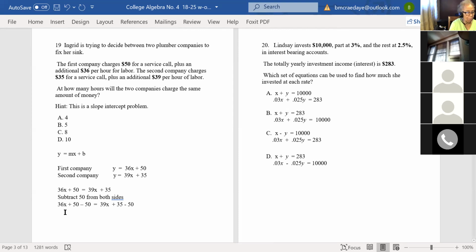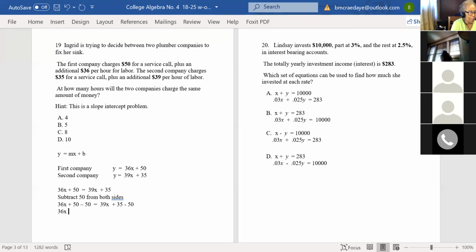So what do I have left, Audrey, on the left side? 36x, that's right, because 36x plus 50 minus 50 gives me 0.